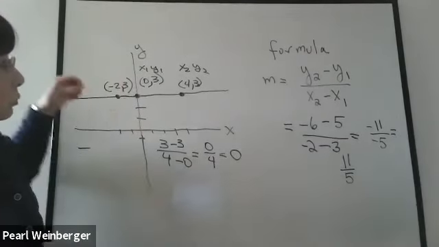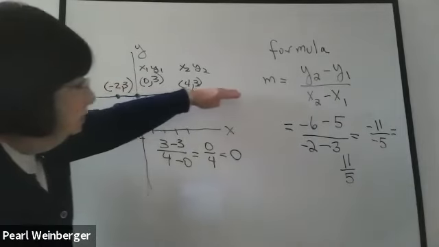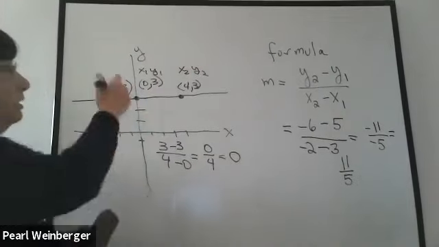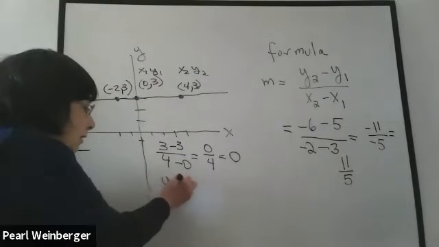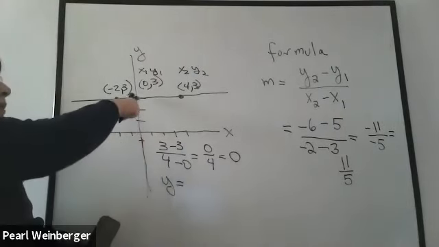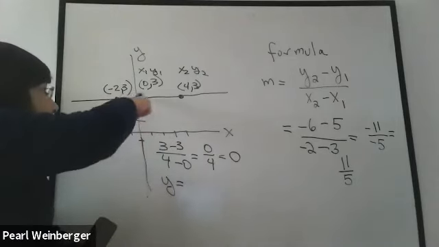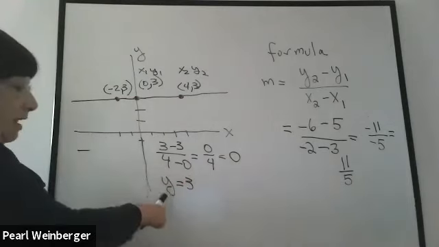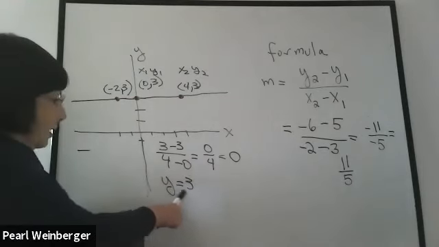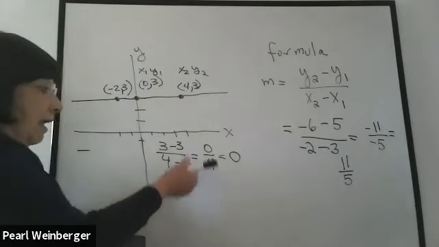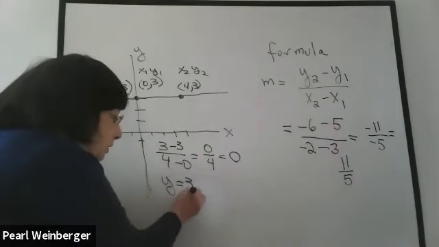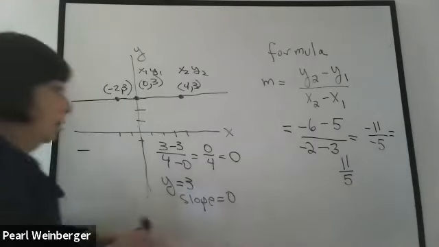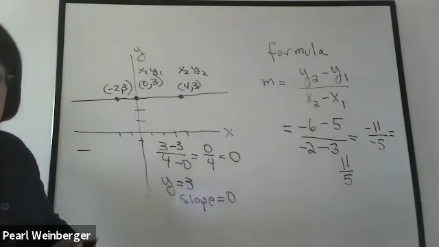In other words, when you have a horizontal line, a line that goes straight across, whose equation is going to be y equals a number, and you'll be able to tell the number by just seeing what the y value is, it's going to have just a y and not an x, and its slope is going to be equal to 0. A horizontal line has a slope of 0.